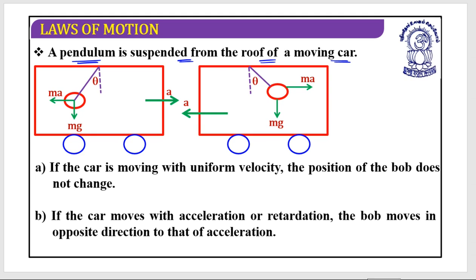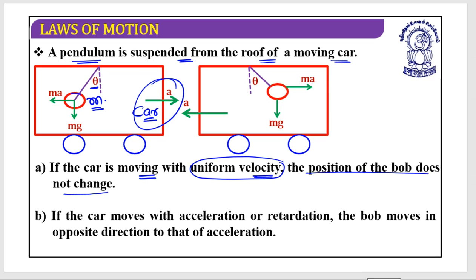So, a pendulum has been suspended from the roof of a moving car. Let's suppose this was the car, this was the pendulum, and this bob has mass m, which makes an angle theta with the vertical. Your car is moving in the positive x direction. If the car is moving with uniform velocity, then the position of the bob does not change.